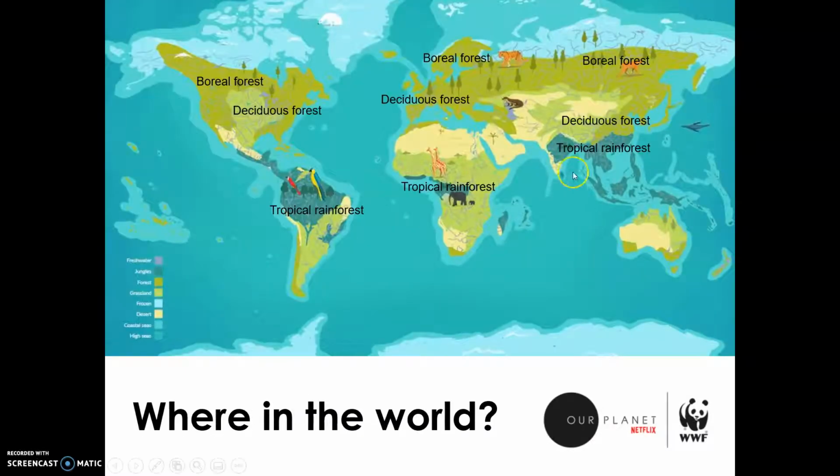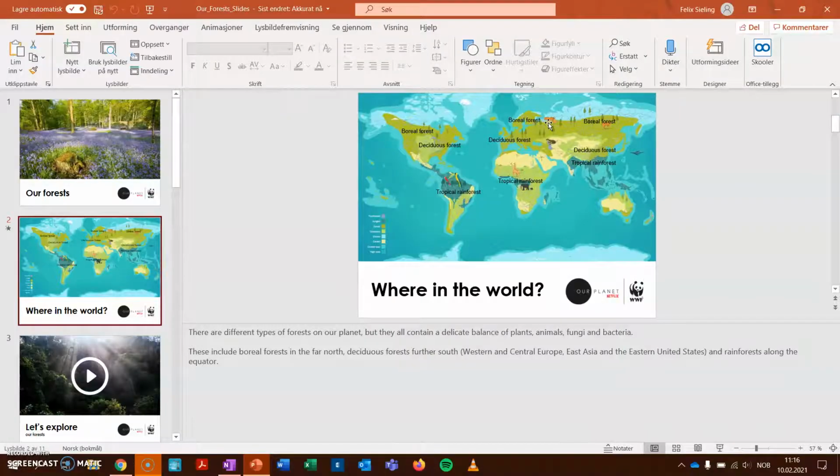But obviously you need to know what these names mean. So you will have to use a dictionary if you don't know what deciduous means. You need to be able to describe that as well. Obviously, we will work with this in class, and you will be helped in class as well, so you're not alone.